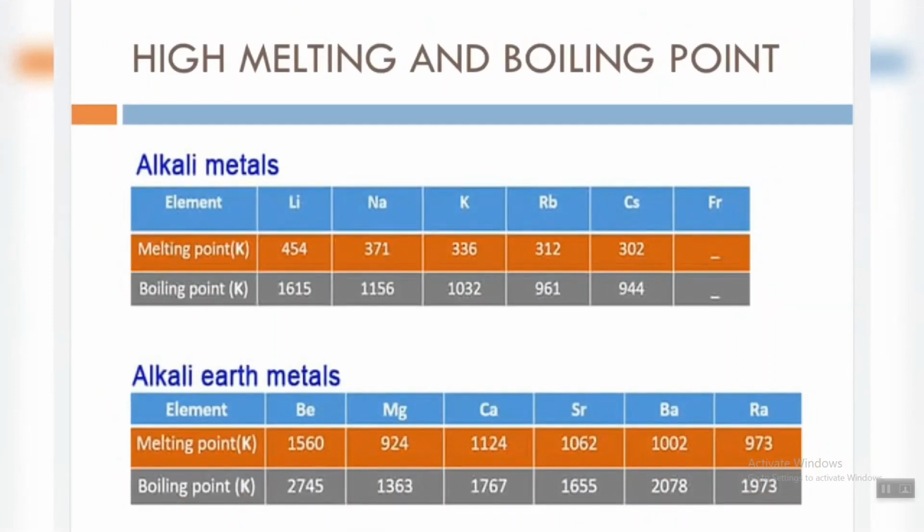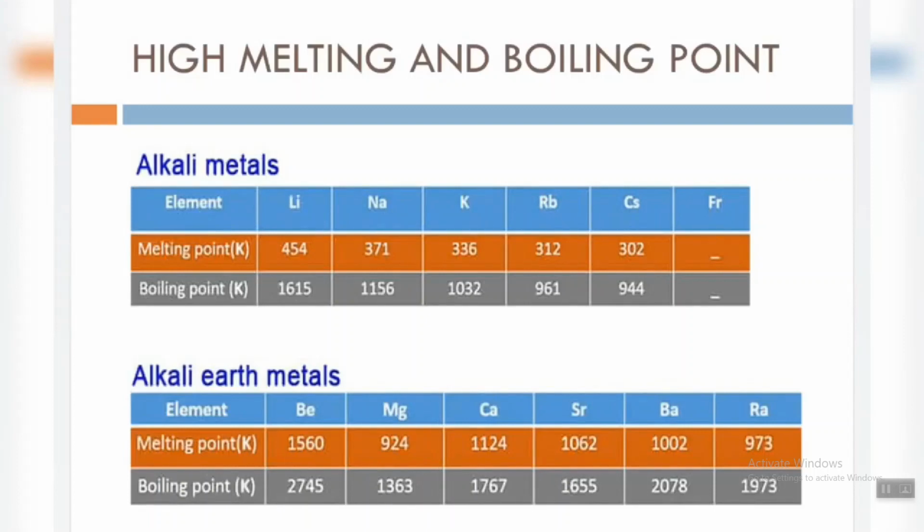The strength of the metallic bond is inversely proportional to the size of the ion and directly proportional to the number of valence electrons on the metal atom. The melting and boiling points of metals increase across a period but decrease down a group.